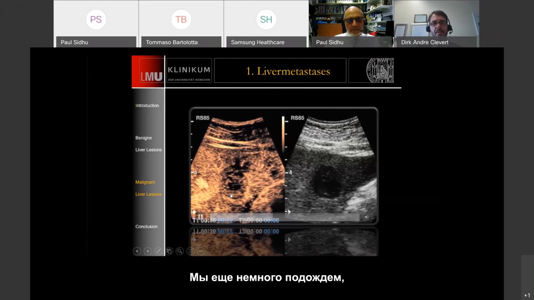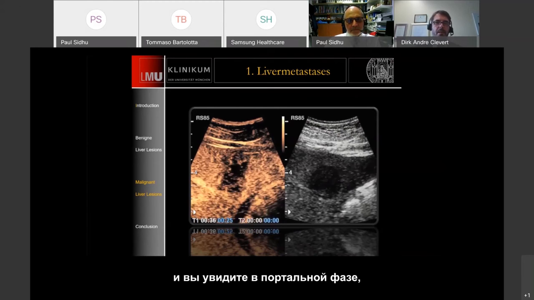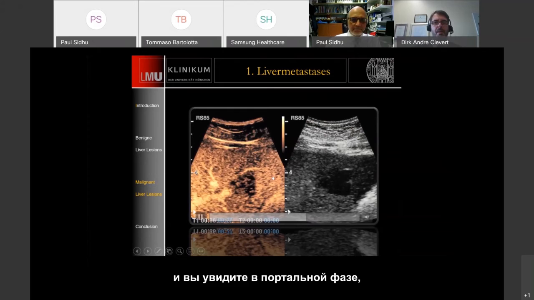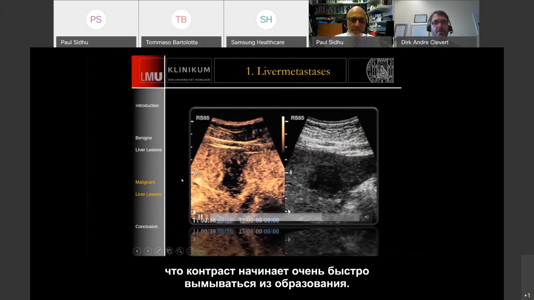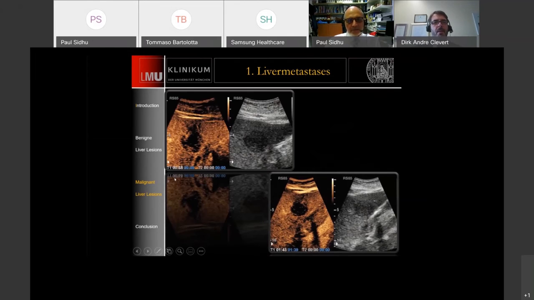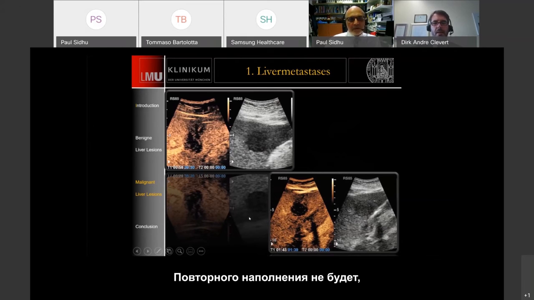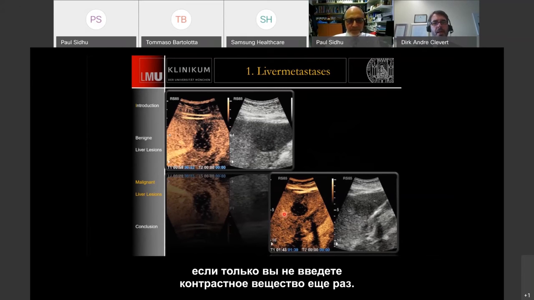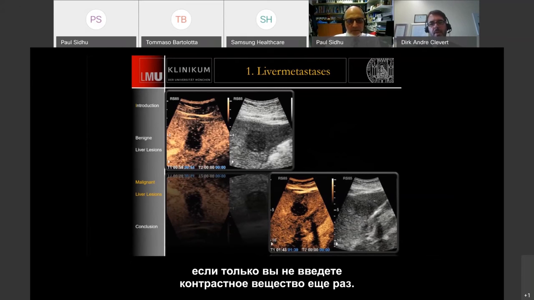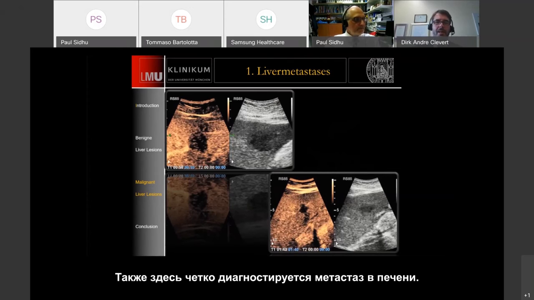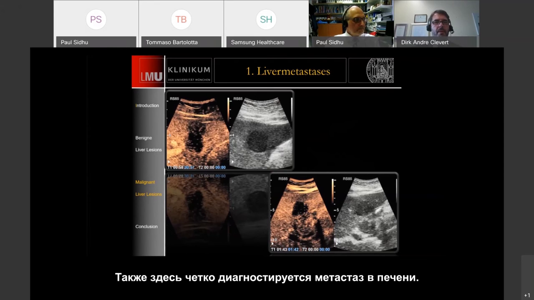So we wait a little bit, and you already see in the portovenous phase that this lesion starts to wash out very soon. Once this washout is clearly detected, there will be no refill except if you inject the contrast agent a second time. Also here, clear diagnosis of a liver mets.